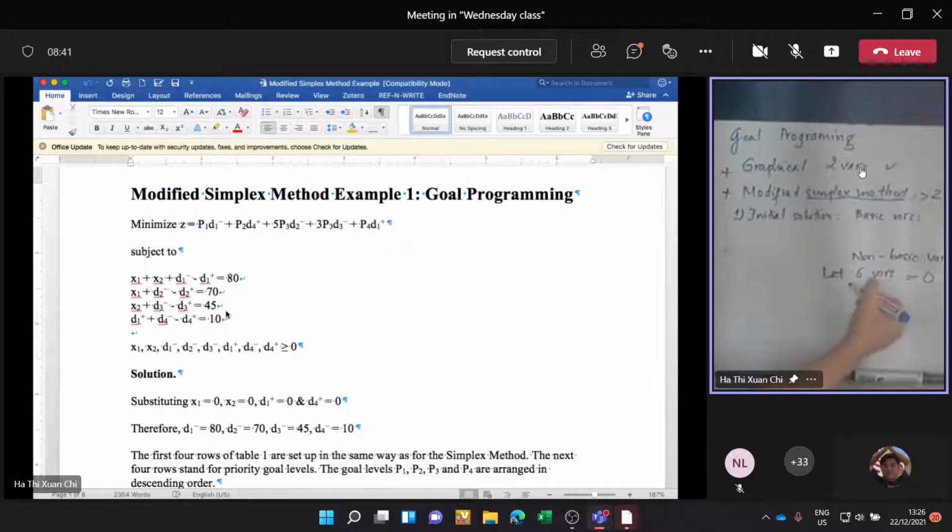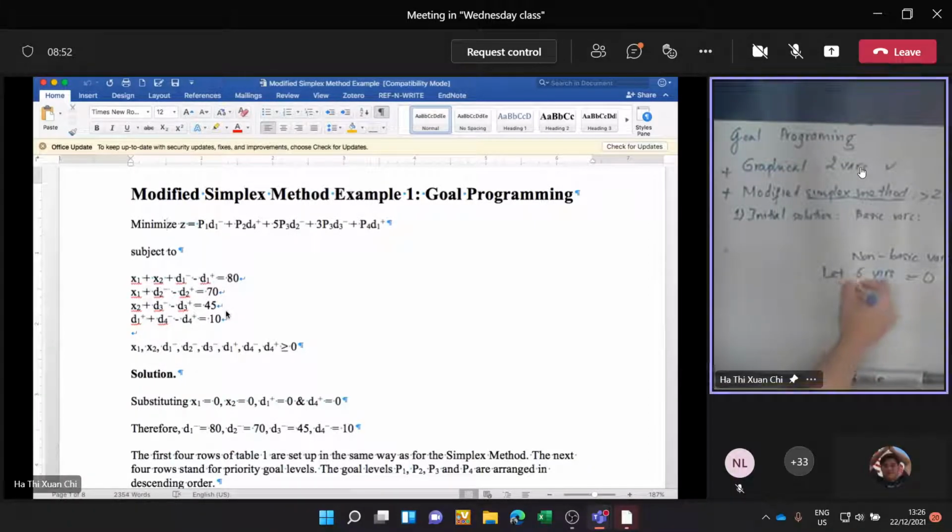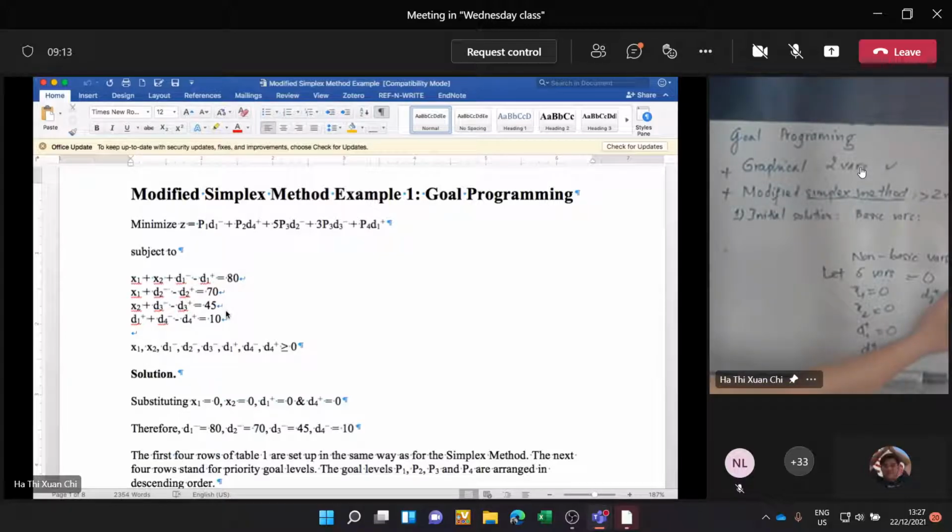So for example, here I select d1 minus equal to 0. No, sorry, x1. I select x1 equal to 0, x2 equal to 0, d1 plus equal to 0, d4 plus equal to 0, and so d2, d3 plus equal to 0, right? d3, d2.